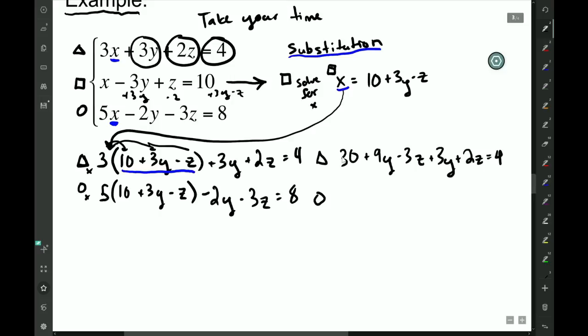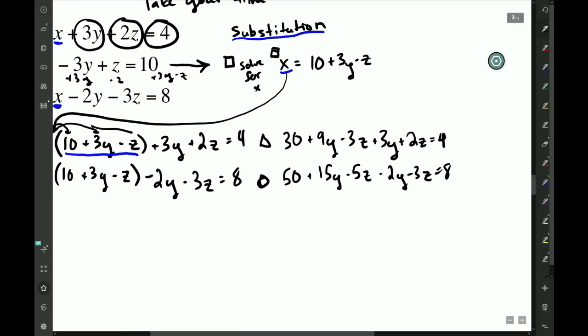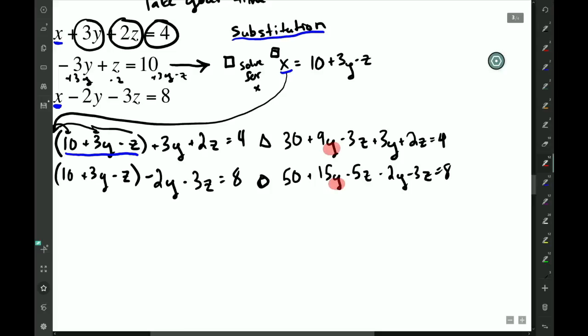And in the bottom, so circle, is going to be 50 plus 15y minus 5z minus 2y minus 3z equals 8. Okay, now notice the big idea is we narrowed it down from 3 variables to just 2. So I see y's and I see z's. That's it, no x involved.